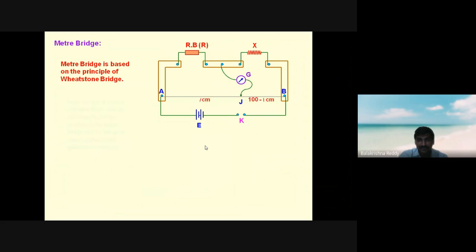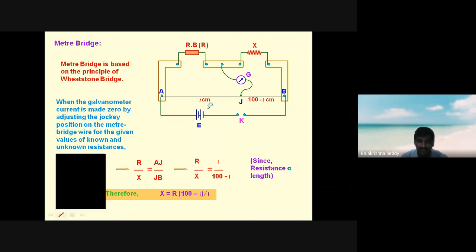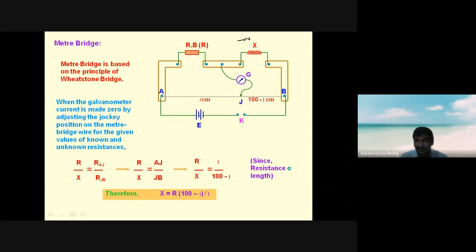We have studied it already. Just in the place of X, I am connecting the resistances in series. In series connection, one after the other, if you are connecting, it will be a series: X1, X2. If I wanted to connect in parallel, then I'll connect one more resistance like this together. This is X1, this is X2.